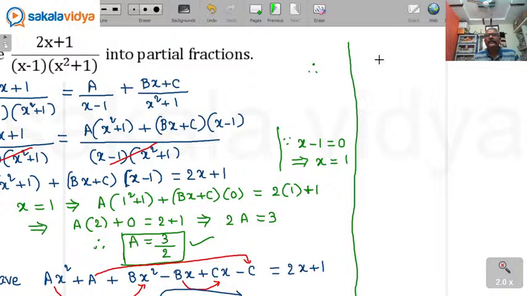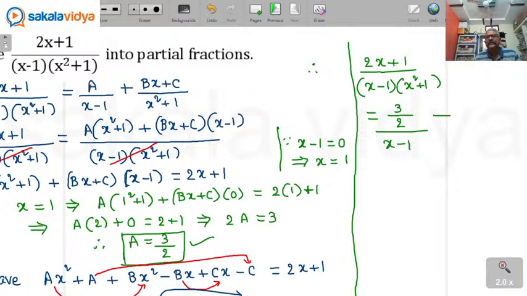Therefore, the partial fractions: 2x plus 1 upon x minus 1 times x square plus 1 equals, a means 3 by 2 upon x minus 1, plus another partial fraction bx plus c by x square plus 1.